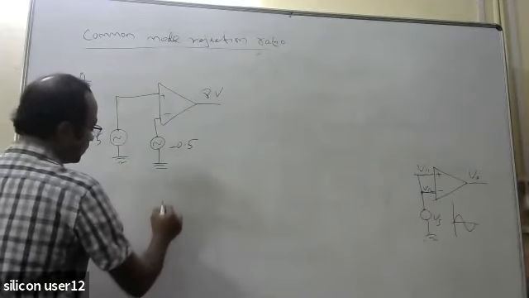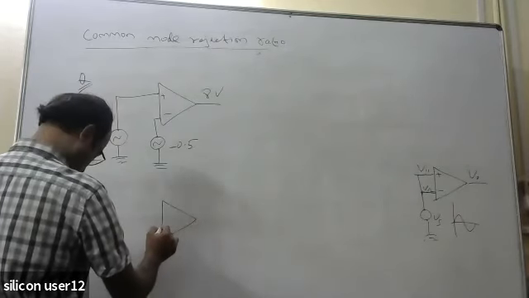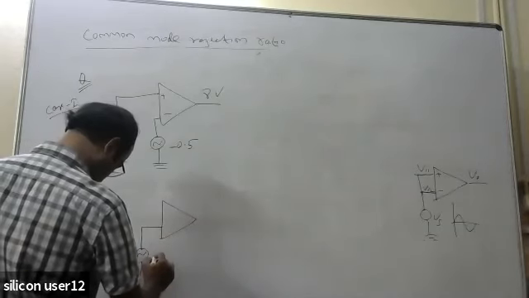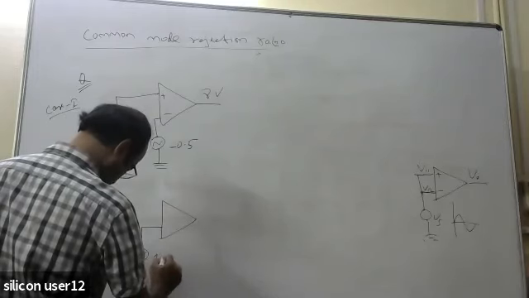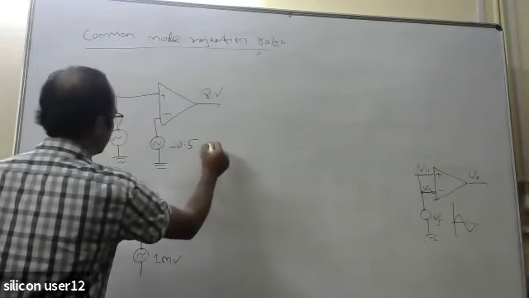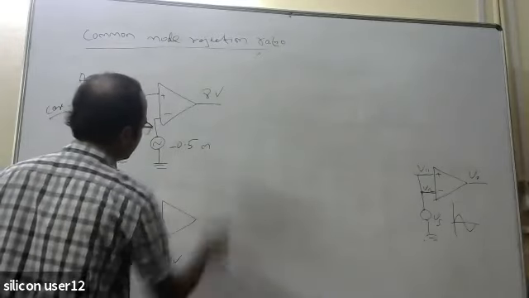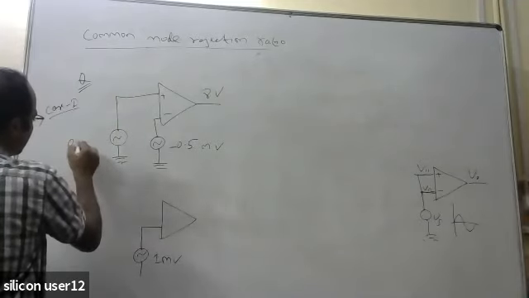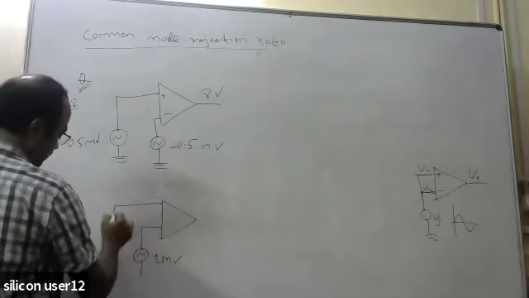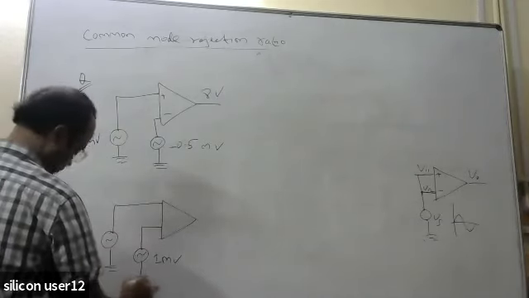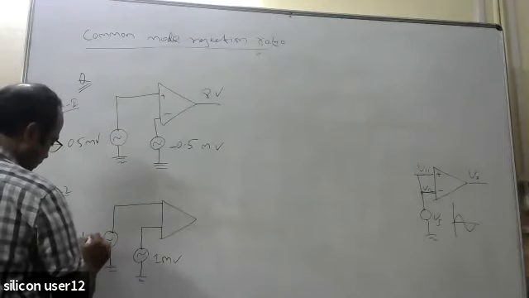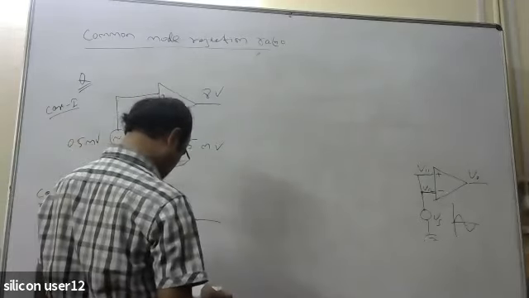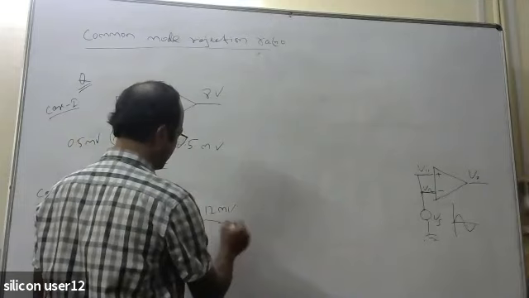To the same op amp, you are giving another set of inputs, 1 millivolt and 1 millivolt, and you are getting 12 millivolt.